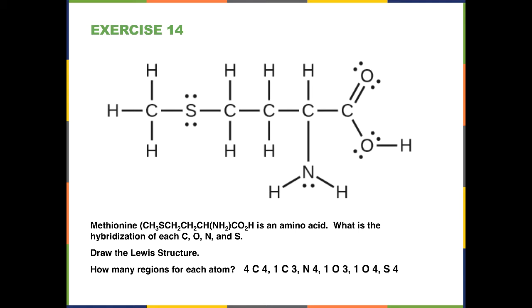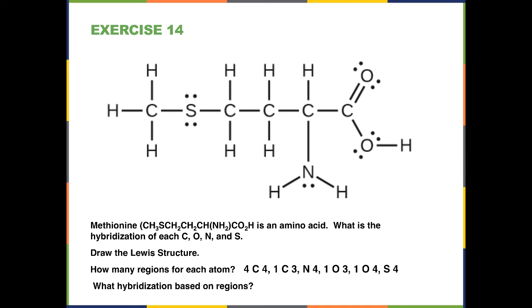So each carbon that has 4 binding regions will have an sp3 hybrid. The one with 3 binding regions has an sp2 hybrid with a pi bond. The nitrogen will have 4 binding regions, or sp3 hybrids. One oxygen will have sp2 and the other will have sp3.